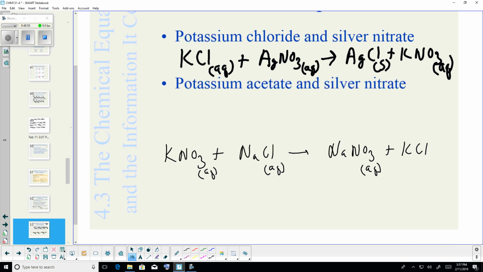Yeah, because potassium's in column 1, and this is soluble too. So in other words, nothing happens. There's no chemical reaction. Okay? Got me? So just because you mix two things together doesn't mean something's going to happen.